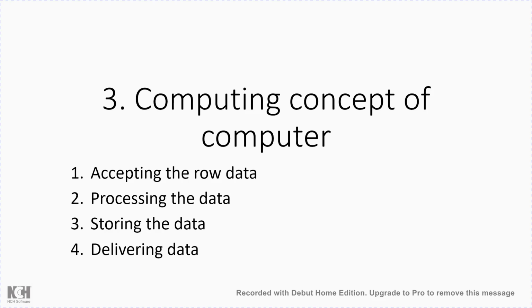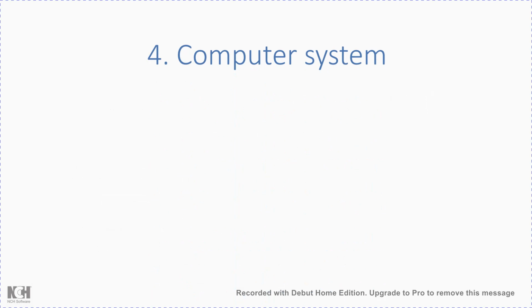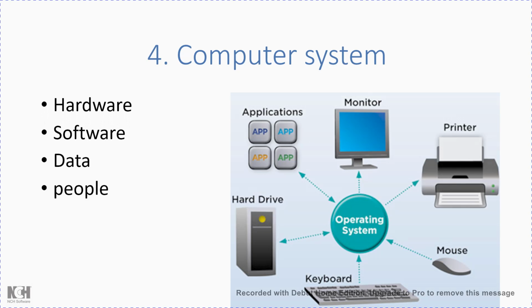Now I'm talking about the computer system. A computer system, small or big, doesn't matter. In order to carry out its function successfully, it must essentially include the following four subsystems: hardware, software, data, and people.